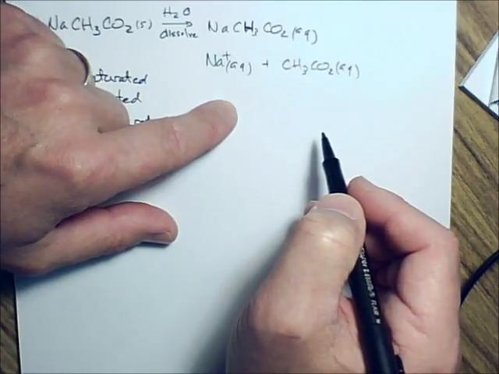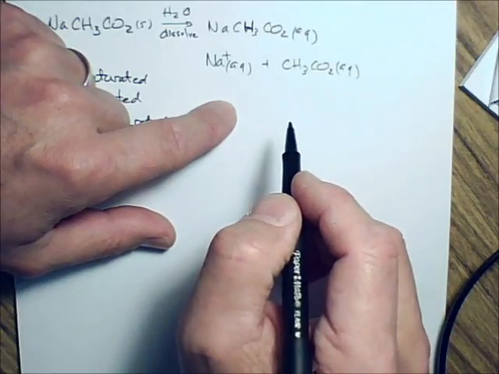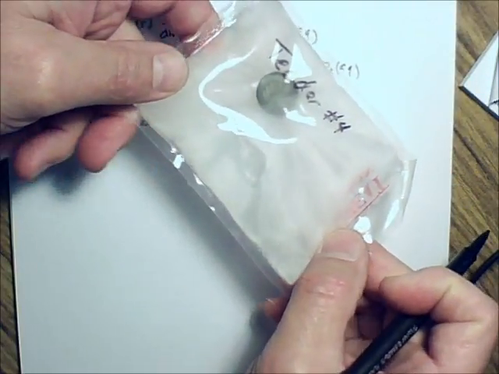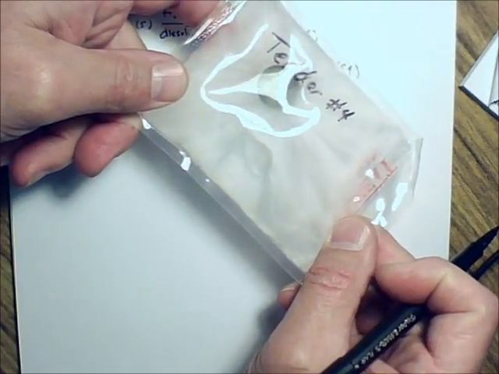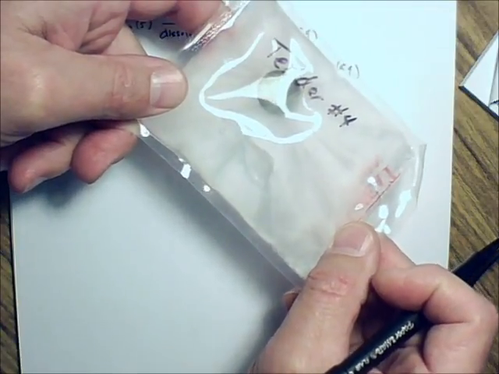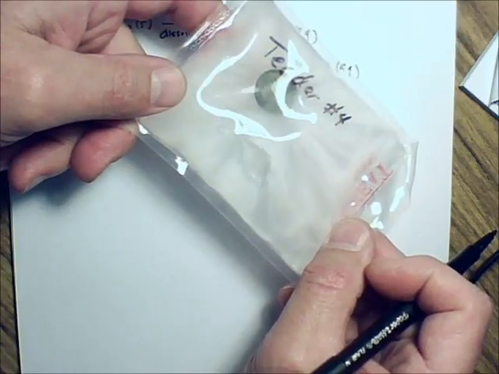And so when we get to Unit 10, when we talk about thermochemistry, I want you to remember that. Because this is also a demonstration that the formation of bonds is always exothermic. The formation of bonds is always exothermic. Breaking of bonds is always endothermic.